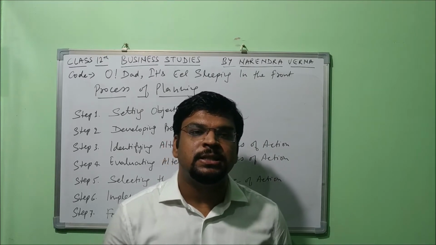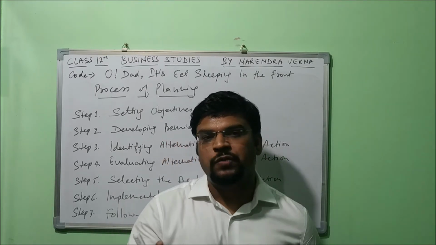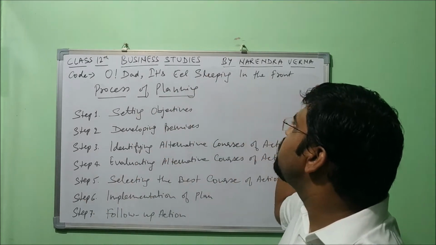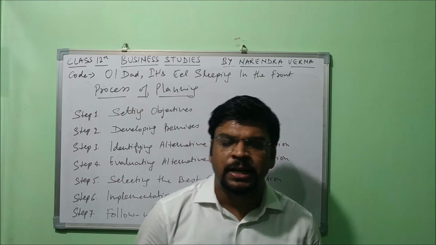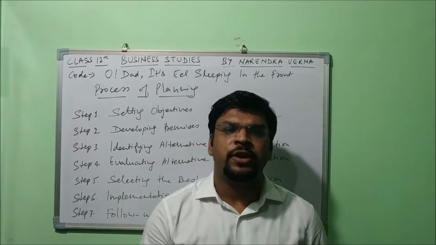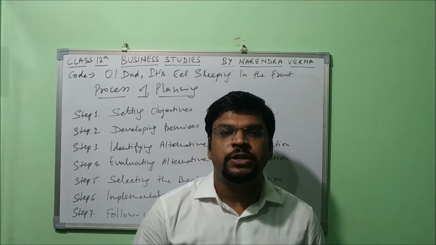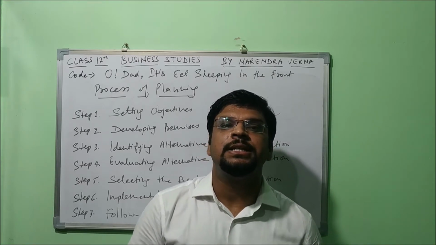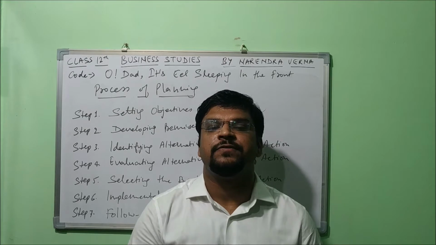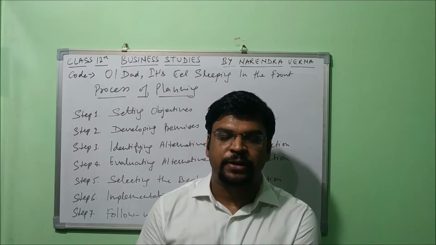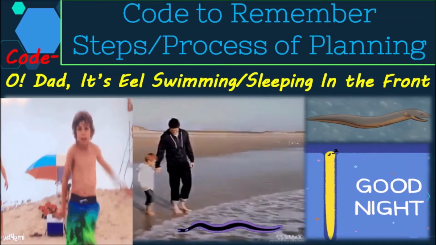The son sees something and all of a sudden he cries, "Oh dad, it's eel sleeping in the front," right? Eel is what? It's a kind of fish, okay? It doesn't seem to be a fish if you see from a far distance, but in actual it is a fish. So unusual one you can see in the picture.